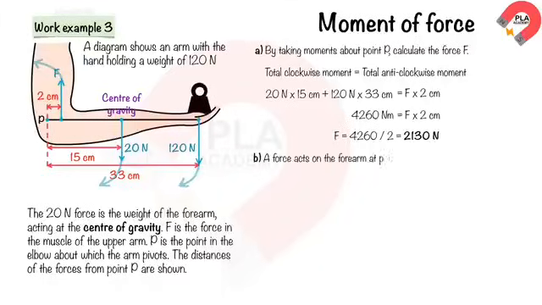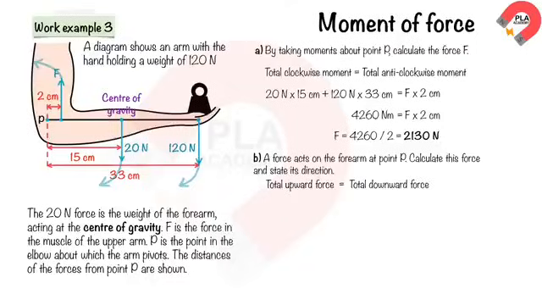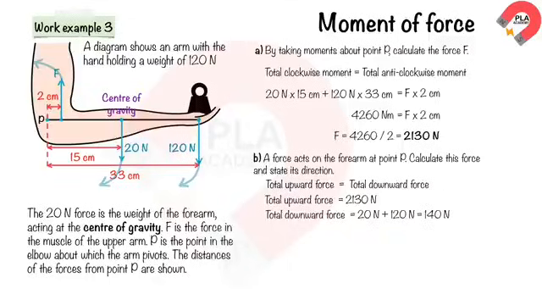A force acts on the forearm at point P. Calculate this force and state its direction. We can apply total upward force acting on arm equals total downward force acting on arm, due to equilibrium of arm. Total upward force equals 2,130 newtons. Total downward force equals 20 plus 120, equal to 140 newtons.